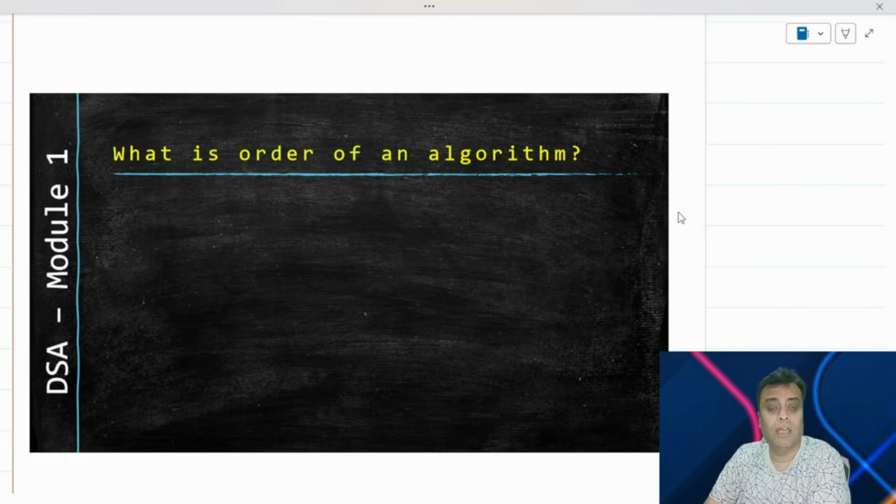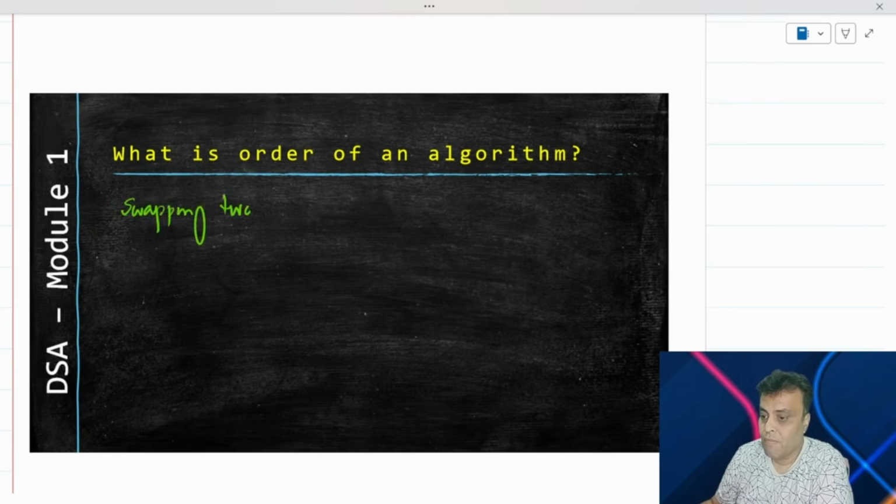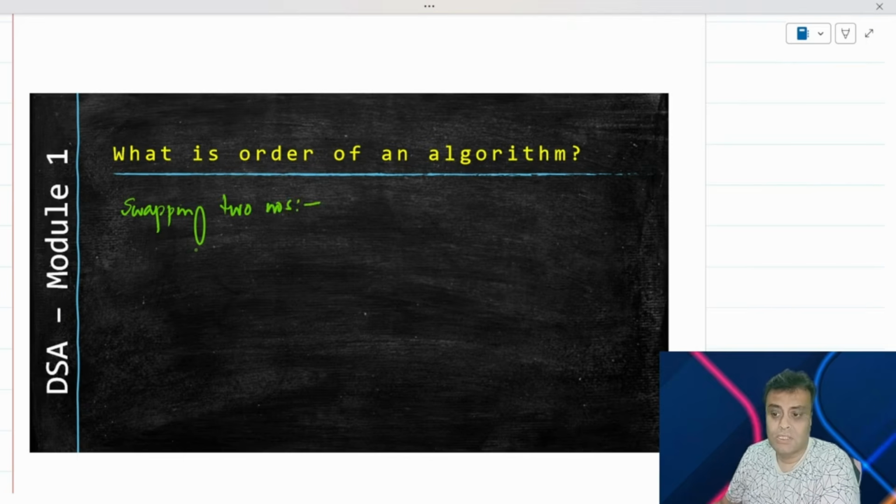Now, first we will have to understand why we need to understand the order of an algorithm. If I write an algorithm for swapping two numbers, that swapping two number algorithm can have various models in which it can be written. We can use a third variable, which typically is using temp.